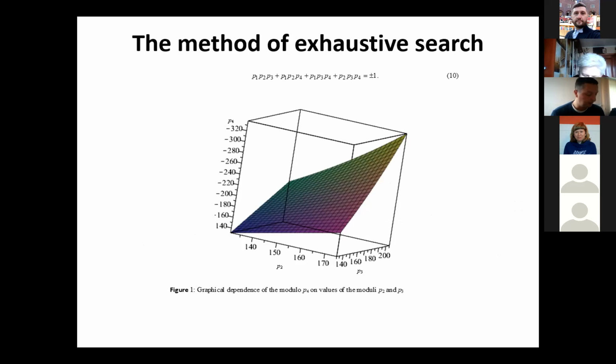As we can see, the absolute value of P4 increases with increasing P2 and P3 at P1 equal to minus 131. Integer values of parameters P2, P3, P4 create a modulo system that satisfies the condition of MPF RNS.